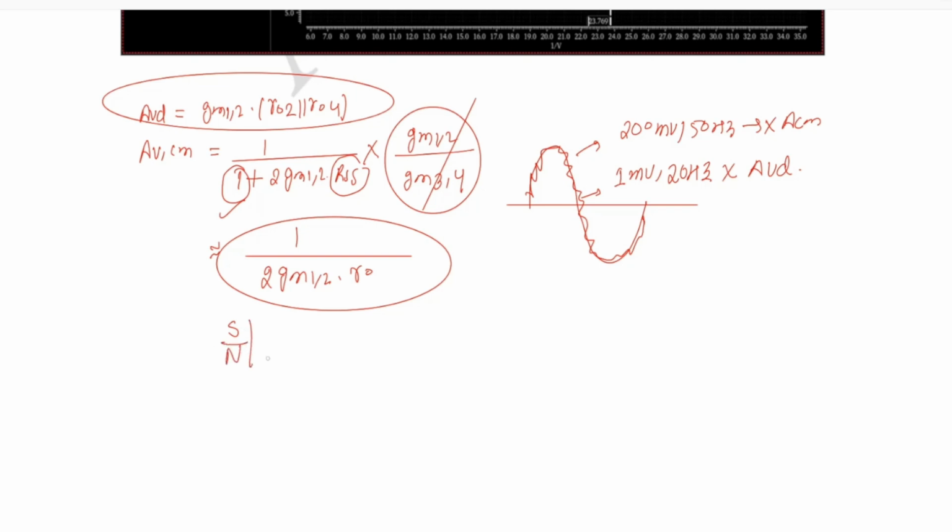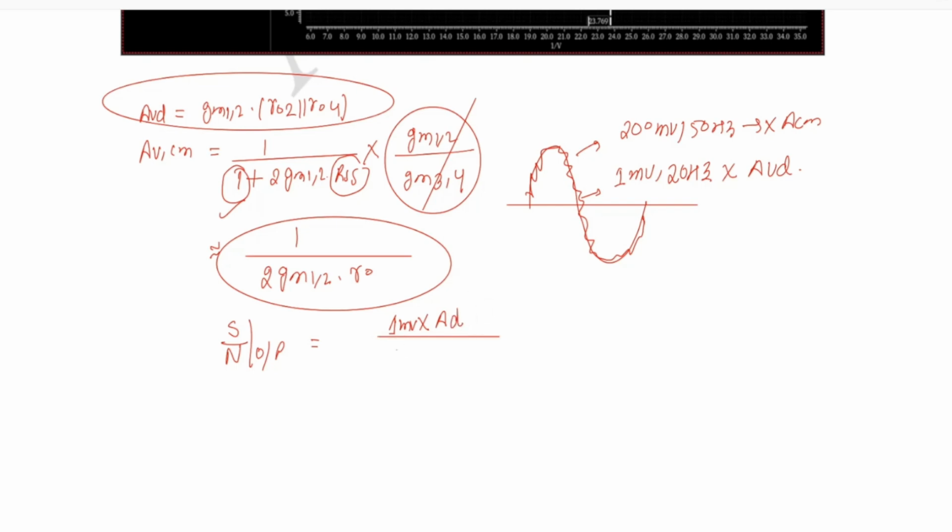Signal to noise ratio at the output. So that will be signal, 1 millivolt, and that will be multiplied by differential gain.